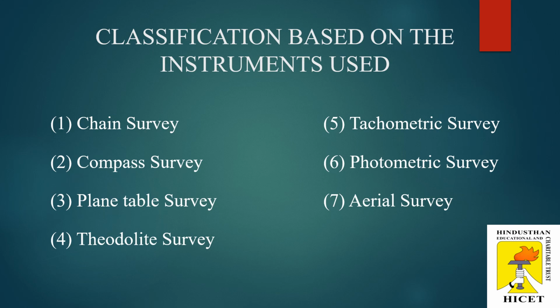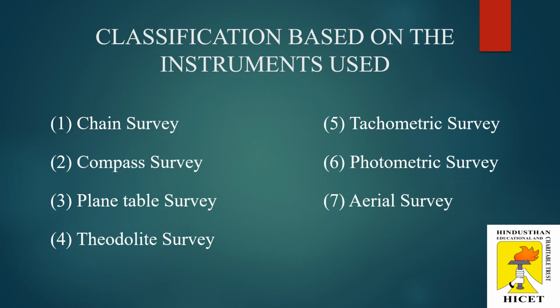So next one, classification based on the instrument. So here we are having 7 different kinds of instruments available to take the measurement from the field. So in that, first one is chain surveying. Chain surveying is a system of surveying in which the sides of triangles formed within the area to be surveyed are measured, no angular measurements being made.